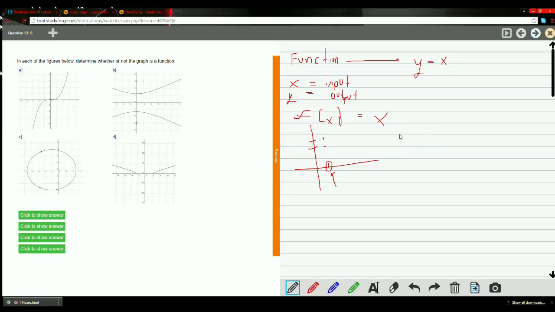Basically, each input, let's write it down, has to have one single output for it to be a function.